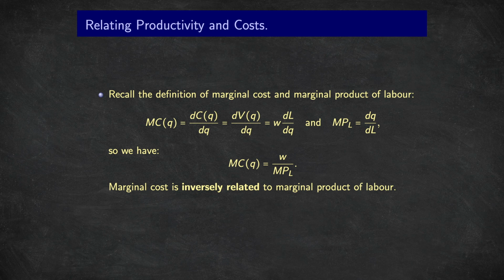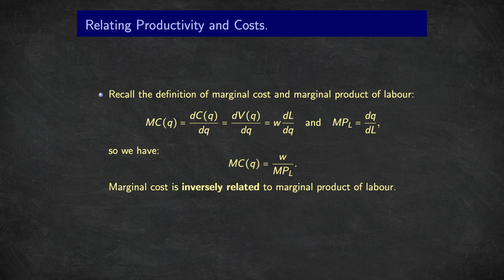Now recall the definition of marginal product of labour, which is the derivative of output with respect to labour. How does output increase as I increase my labour by a small amount? Now looking at these two equations, in the marginal cost expression, we have dL over dQ, and in the marginal product of labour expression, we have dQ over dL.